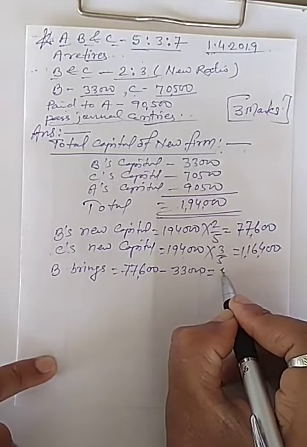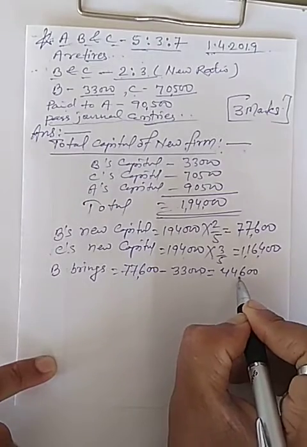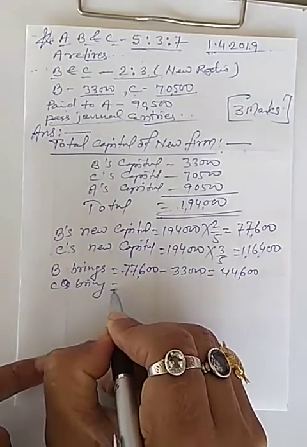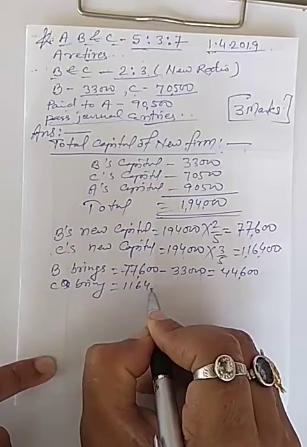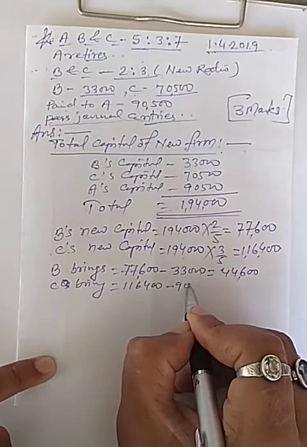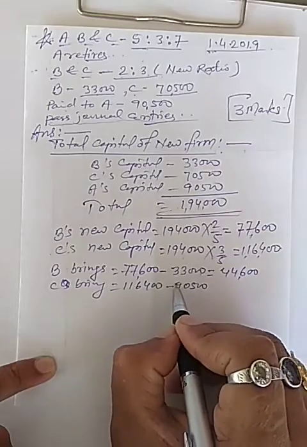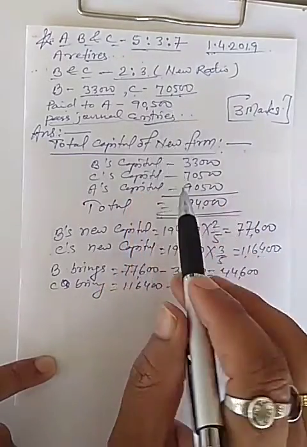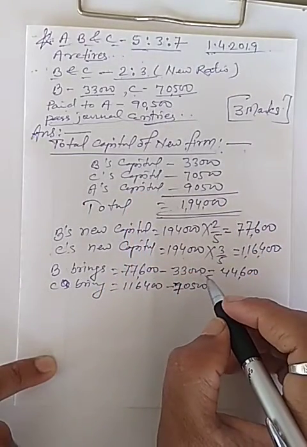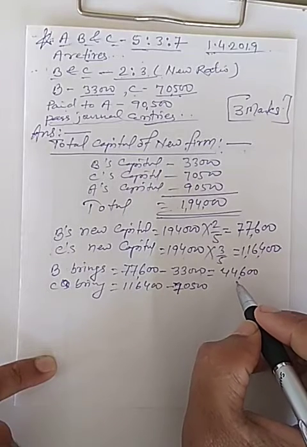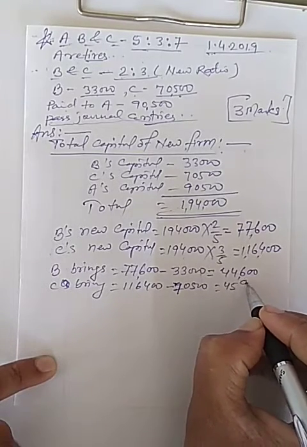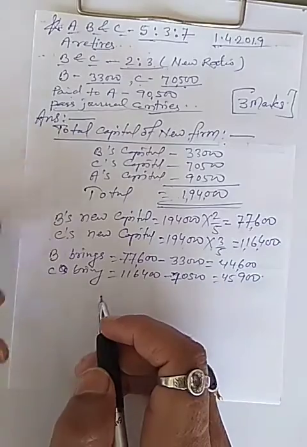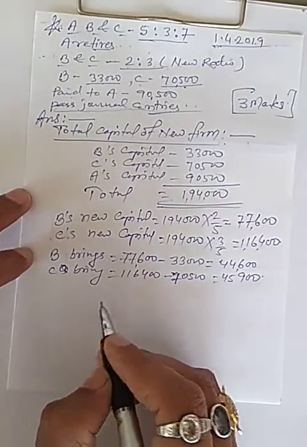Total will be 44,600. Now C brings 1,16,400 minus 70,500. C's capital is given in the question. So the remaining balance will be 45,900.